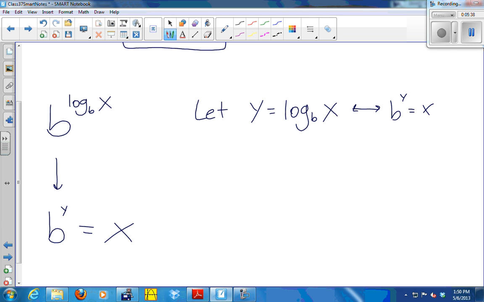It's very circular, and that's because these two functions are inverses, which means that when you compose them, you get a round trip. So that's exactly what's happening. I'm plugging x into the log, taking the result and doing b to it, and I get the x back. I get a round trip because these are inverse functions.